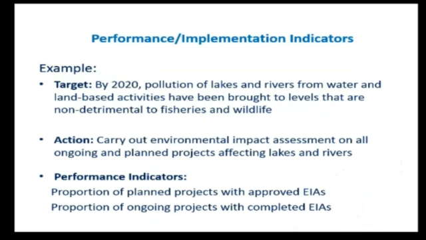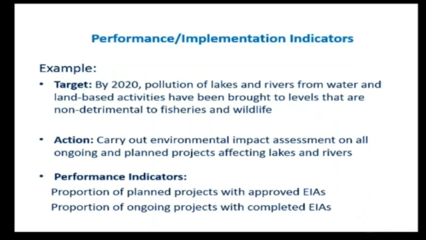So I'm going to give a couple of examples of things and ask you to sort of test yourself on this. So a performance implementation indicator, an example could be for the target of by 2020, pollution of lakes and rivers from water and land-based activities have been brought to levels that are non-detrimental to fisheries and wildlife.